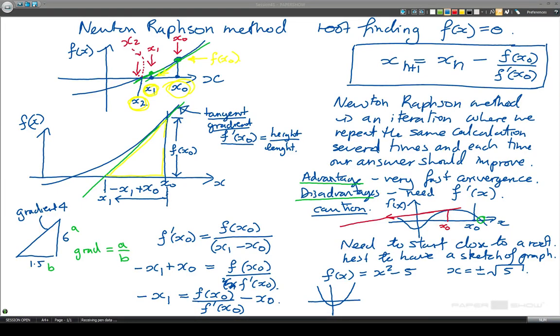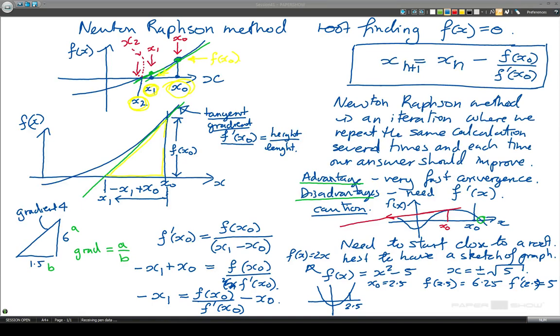So I'm going to say let's start. We'll start, well, if we start with 2.5, so if we have x naught is equal to 2.5, then f of 2.5 is equal to 6.25, and f primed of 2.5, oops, I'm running out of space, I should draw it over the side. Clearly f primed of x is equal to 2x, so f primed is 5.